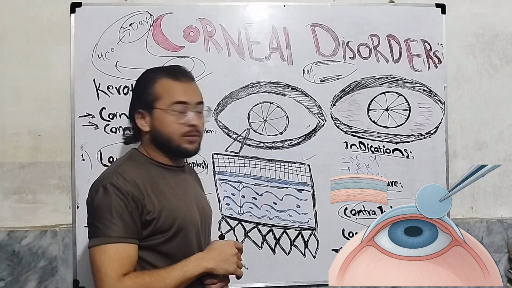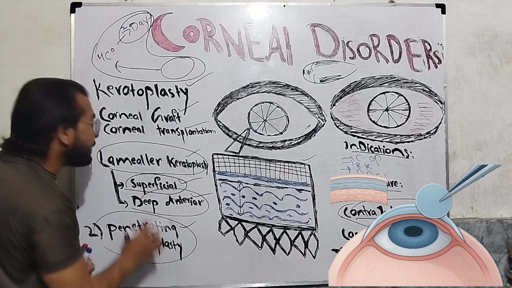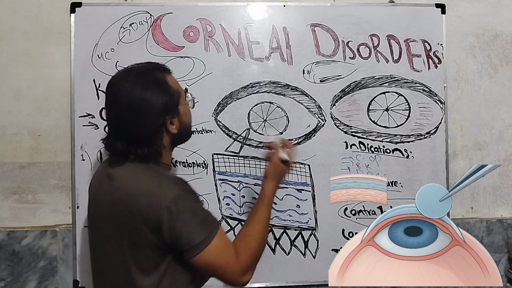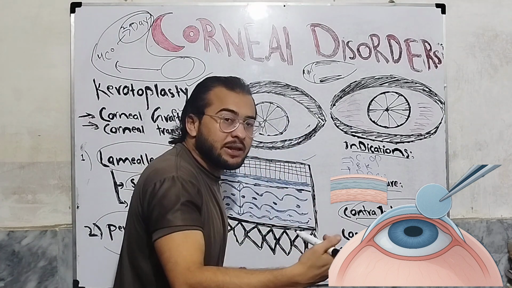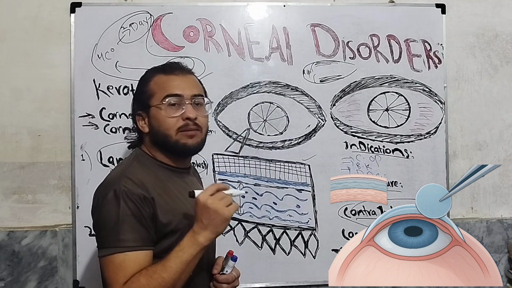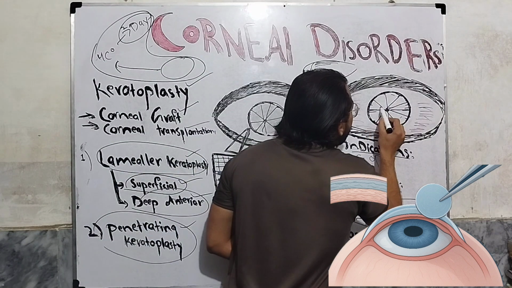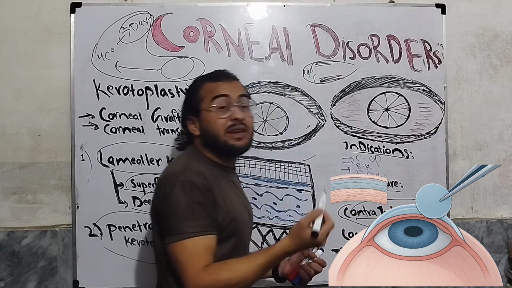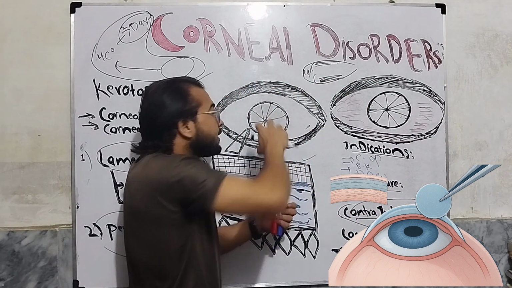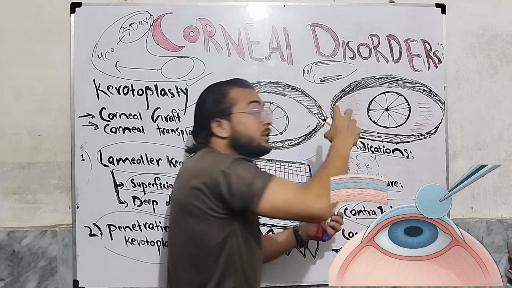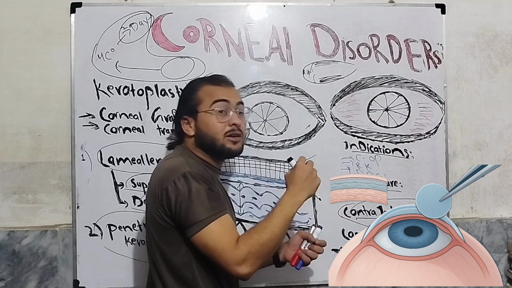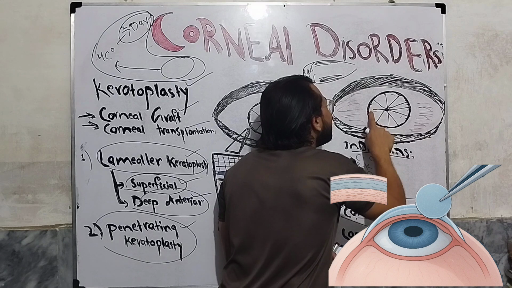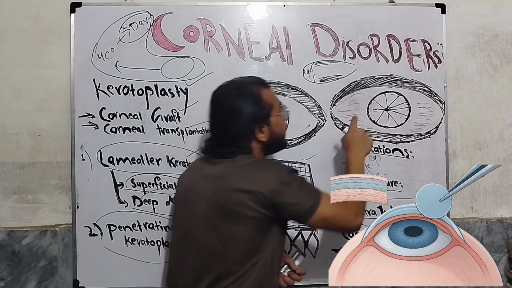Now, complications. What are the complications of penetrating keratoplasty? They are divided into early complications and late complications. Early complications can be, for example, the leakage. As we have removed the donor's cornea and sutured it onto the recipient corneal button, the wound can be leaky.